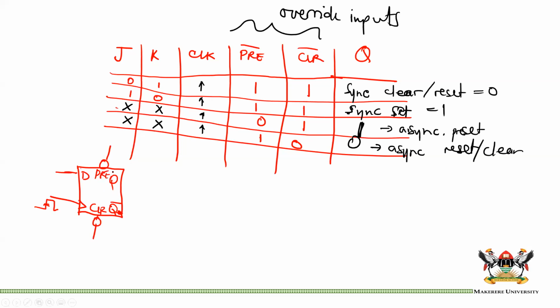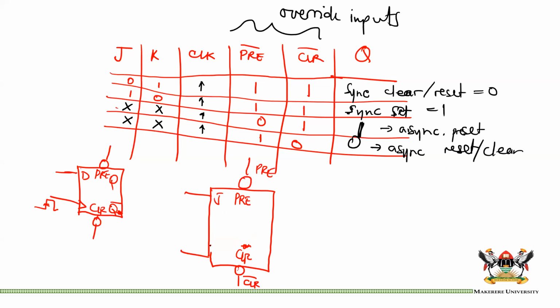So actually, the full symbol of our flip-flops always includes clear and pre. And then you can add your inputs, maybe J, K, clock, Q inverse. In other words, all our flip-flops are able to have an asynchronous preset and an asynchronous clear.